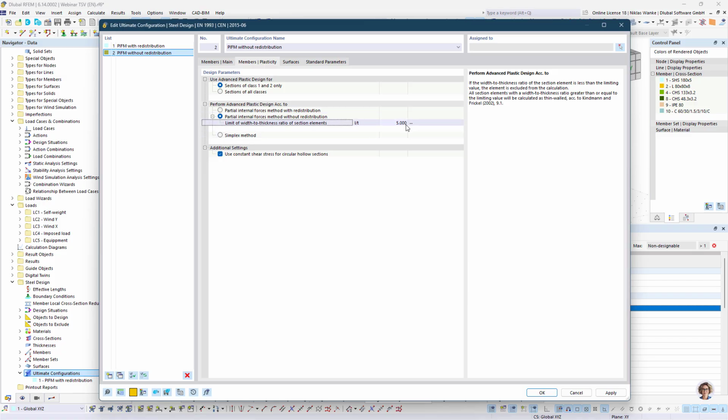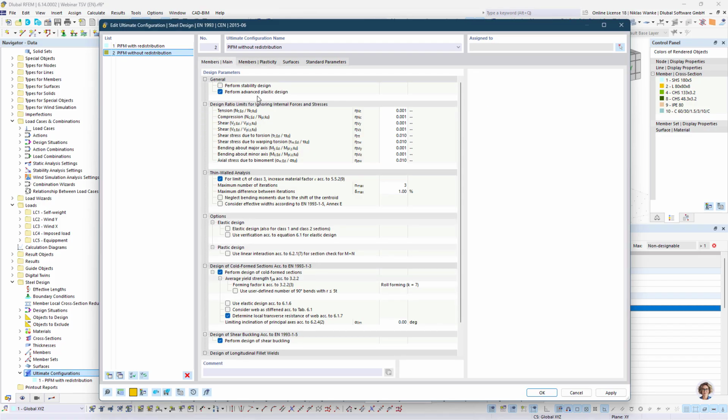method. Okay, and also we have to increase the limit value for torsion, as I mentioned before, for warping torsion. And because I tested this before, of course, I know that I have to increase this value to 6%, and then we will be rid of this warning message.